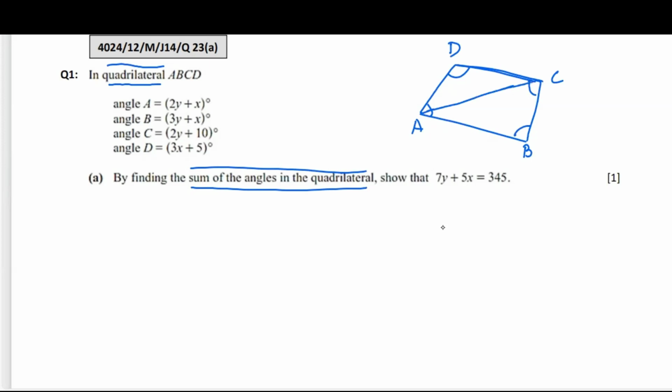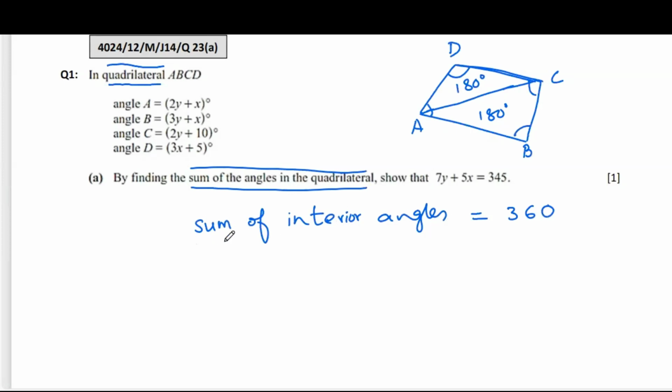So we can say the sum of interior angles is 180 plus 180, 360 degrees. So, what is the meaning of sum? Sum means you have to use the plus sign, positive sign, or addition here. So we add all angles.